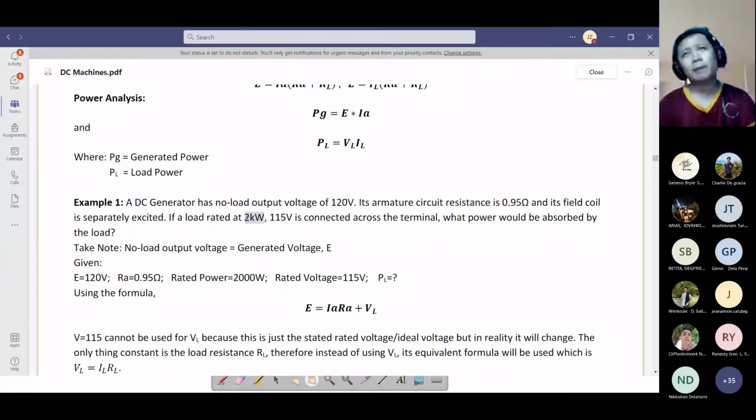Let's say for example, if the electric fan's speed is 1, its power consumption is only 1,000 watts. If the speed is 2, its power consumption is 1,500 watts. And if the speed is 3, its power consumption is 2 kilowatts. Okay?